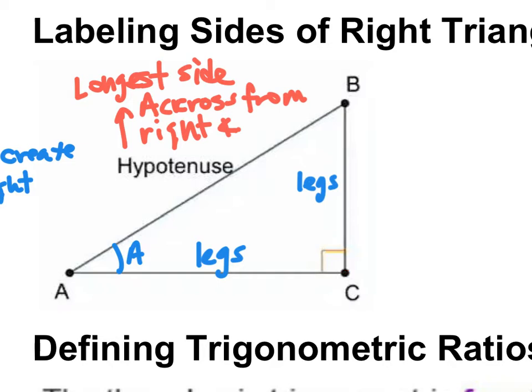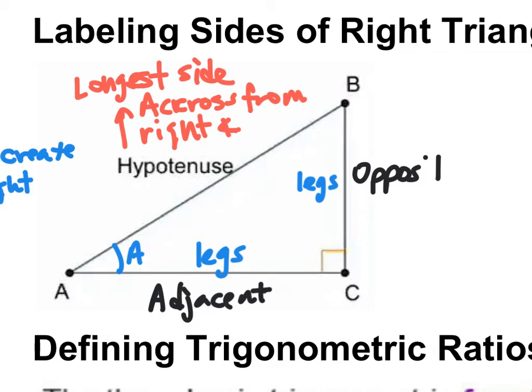Given angle A, if this is my hypotenuse, the side that creates the angle A with the hypotenuse, this side right here, we're going to call the adjacent side. So this is my adjacent leg, given angle A. And the other side here is the side that's opposite angle A. So over here, I'm going to write that it's my opposite side.